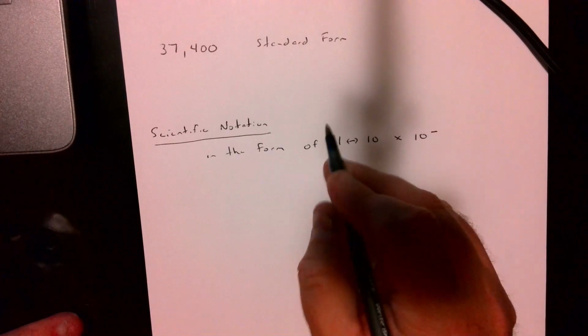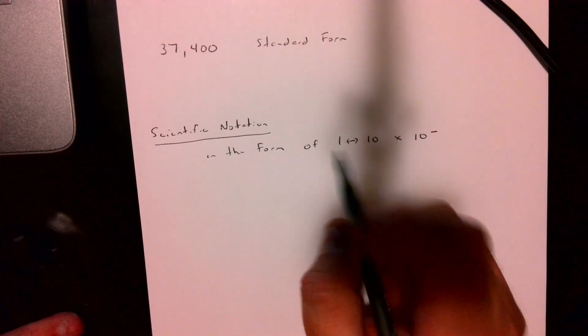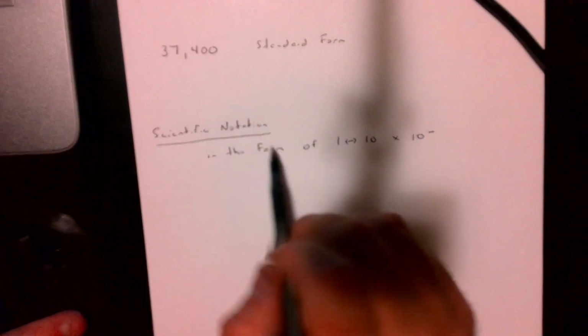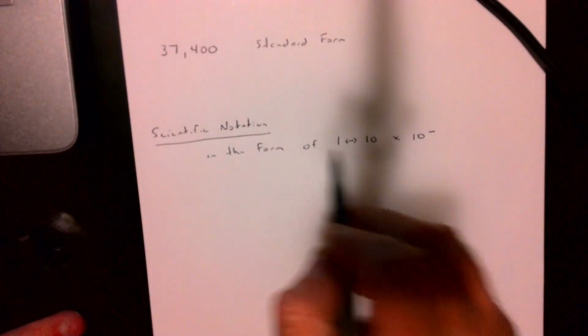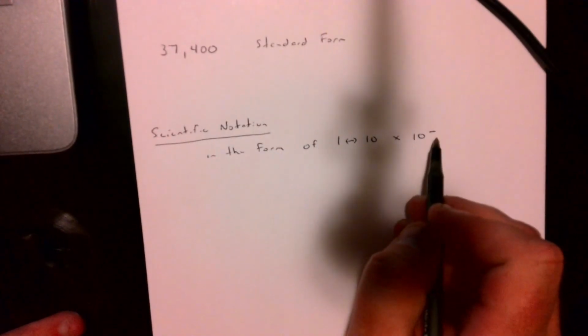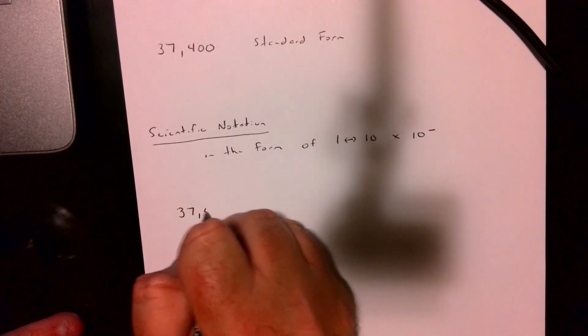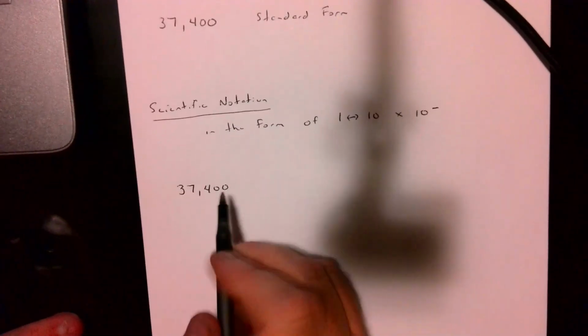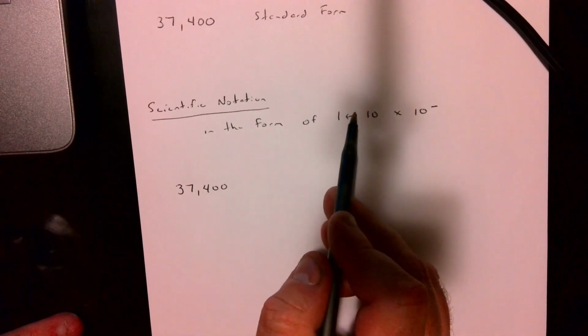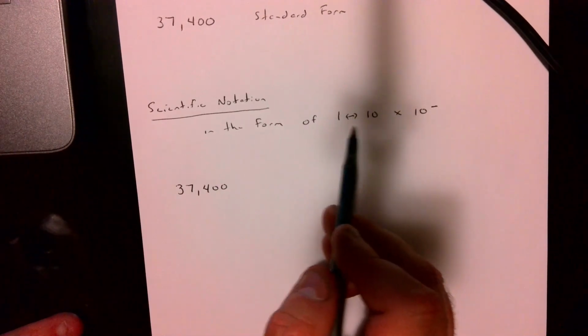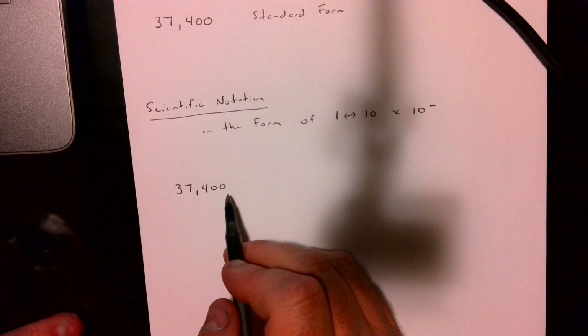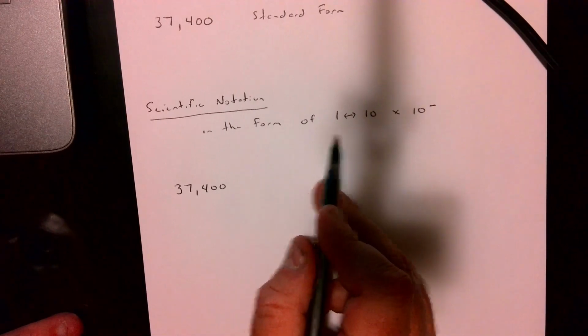This will make more sense as we go through it. So if we go back to our first example, 37,400 is clearly way too big, right? It's bigger than 1 through 10. So we need to make this number smaller to get it between 1 and 10.